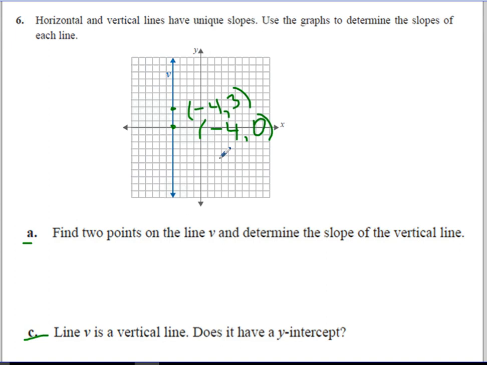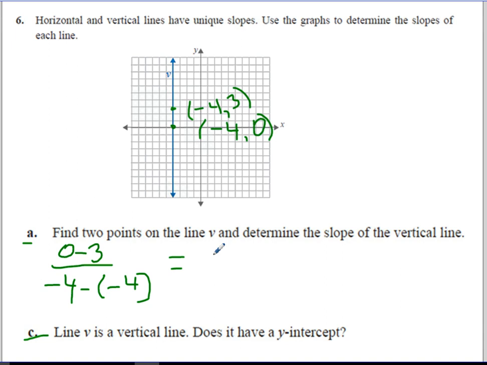And so if we look at the math involved, we're going to say y minus y. So let's do 0 minus 3. And then on the bottom, we have x minus x, which is -4, subtract -4.